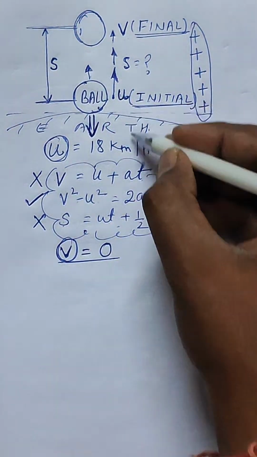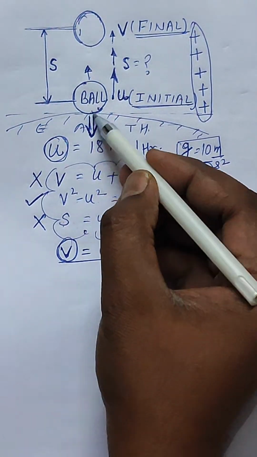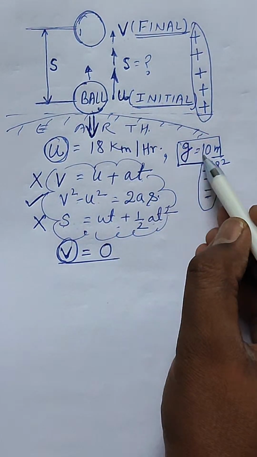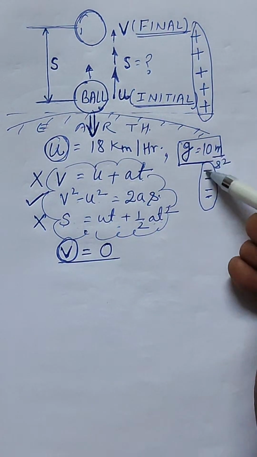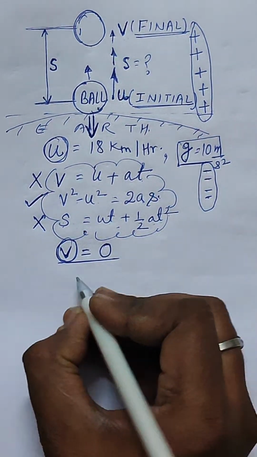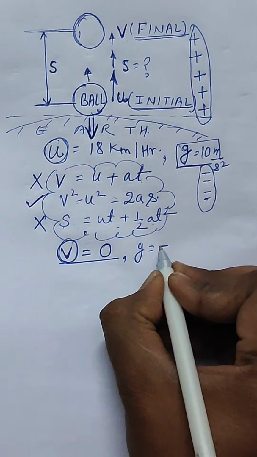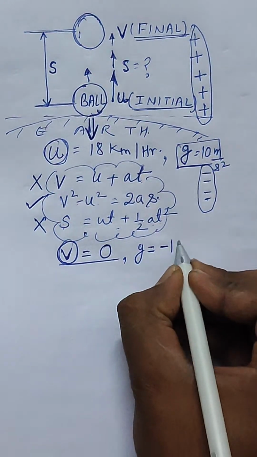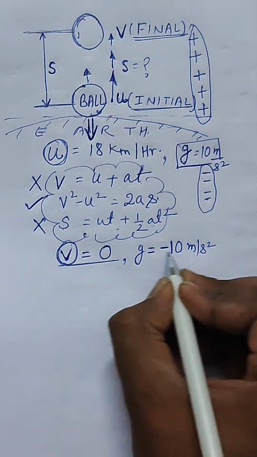But since it's acting downward, and the ball is kicked off from the ground, all values below this will be negative, so g will also be negative. As I said, all the values below the earth will be negative. So the value of g is 10, but the effective value considered in our solution will be minus 10 meter per second square.